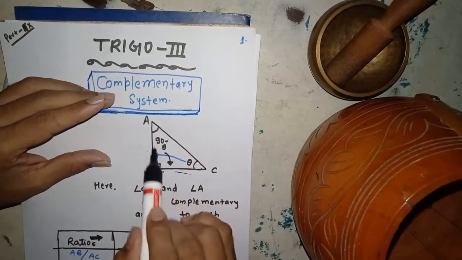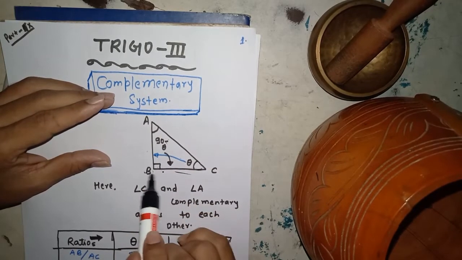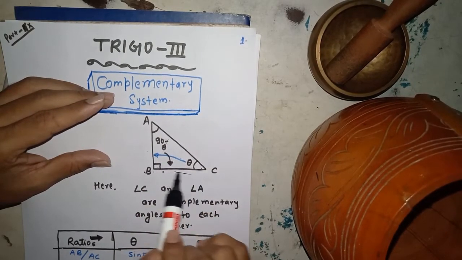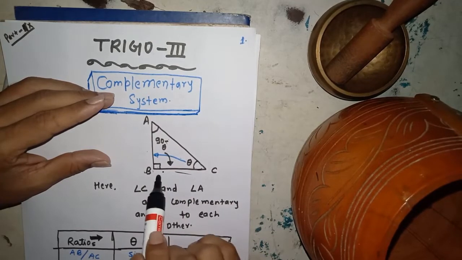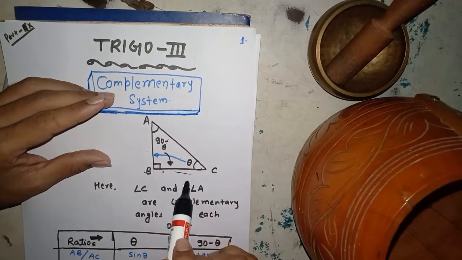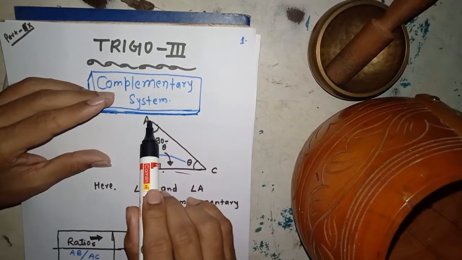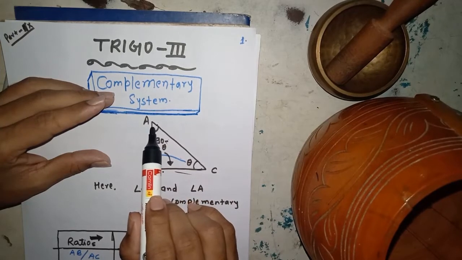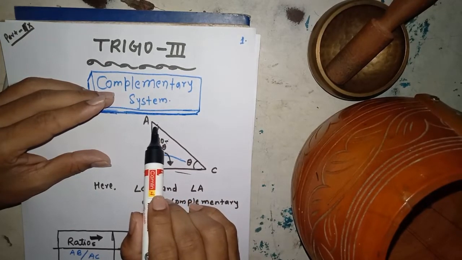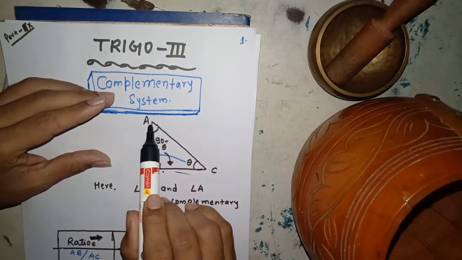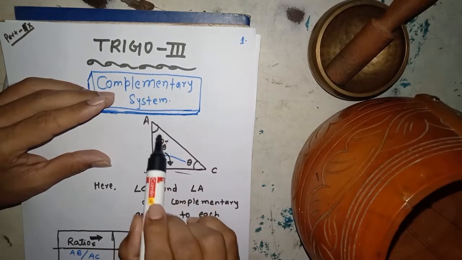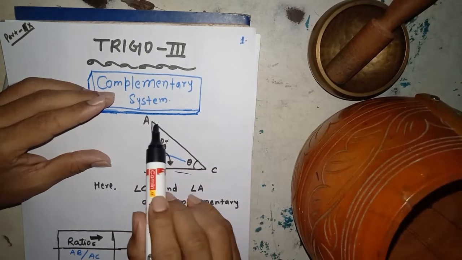Similarly, for 90 minus theta, BC must be your pillar or pole or vertical line, or you can say perpendicular in mathematics, and on which line you stand to watch your point here.